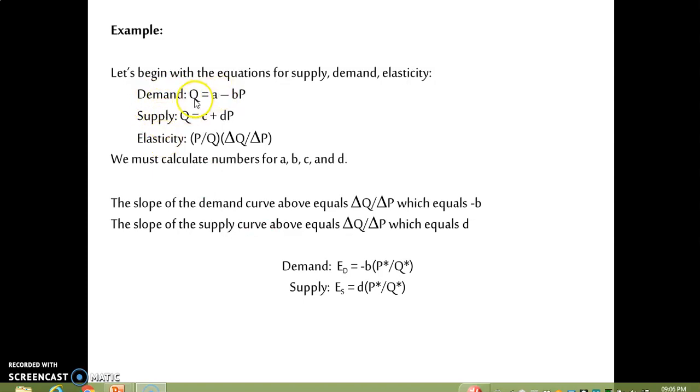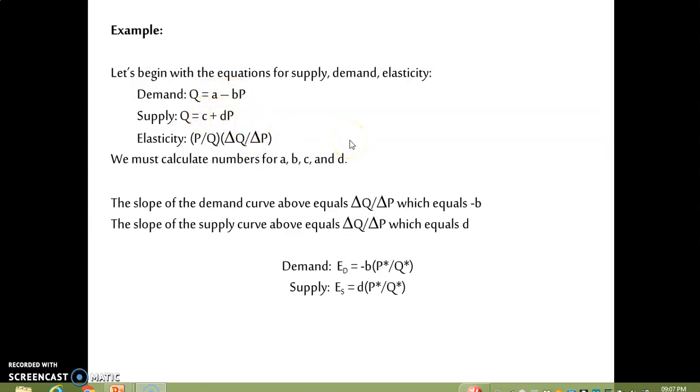For demand, that is Q is equal to A minus BP. And for supply, that is Q is equal to C plus DP. And our general formula for elasticity is the ratio of P to Q multiplied by the change in Q over the change in P. And we need to calculate the parameters A, B, C, and D.